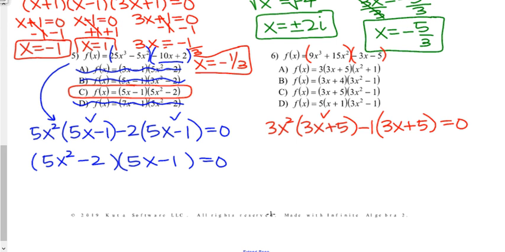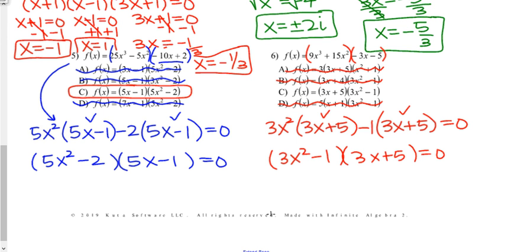And then, 3x plus 5, 3x plus 5. I can go ahead and rewrite this. 3x squared minus 1, 3x plus 5. No, this one has a 4. I did not factor out a GCF, so no. So C is the answer here again. 3x plus 5, 3x squared minus 1.